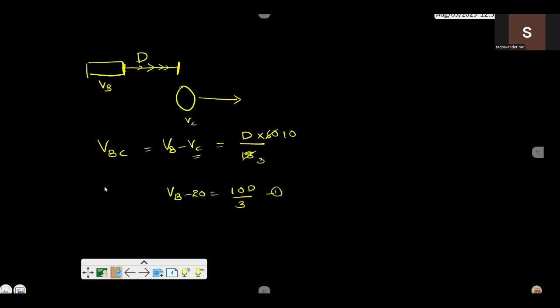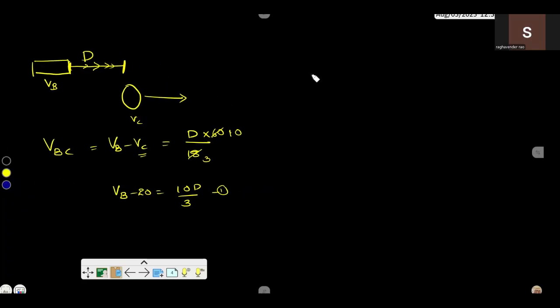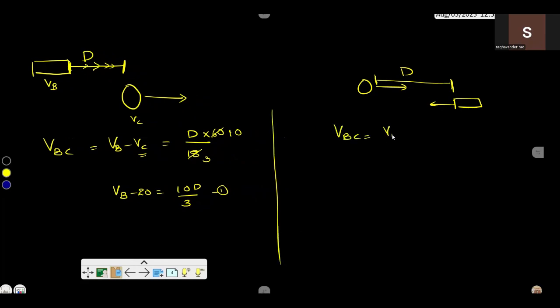Next, the second case, where the cyclist is moving in this direction only and the bus is moving in the backward direction. Again the distance between the cyclist and the bus is D. The velocity of the bus with respect to the cyclist is again velocity of bus minus velocity of cyclist. This time the bus is moving in the negative direction, so minus Vb minus Vc is equal to the relative distance.